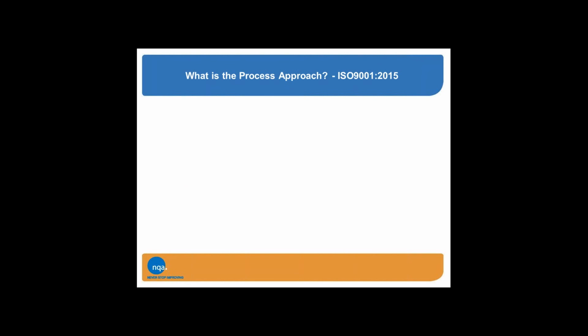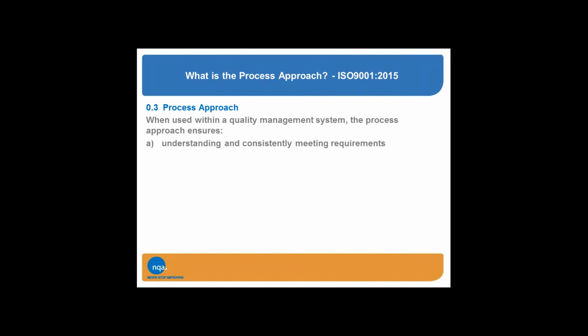So what is this process approach? Well, just again, lifting some text out of the standard itself, the process approach ensures understanding and consistently meeting requirements. Processes should be linked to added value. That's the point of defining and managing our processes.